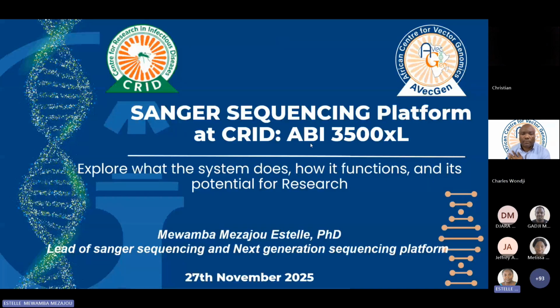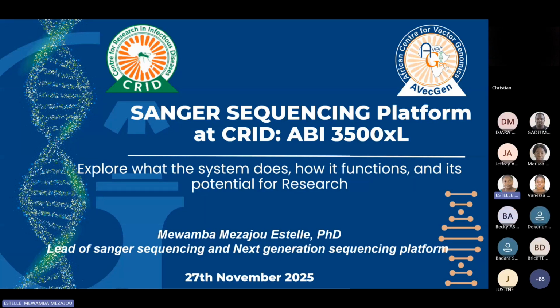Okay, thank you, Prof, for giving me the floor, as well as the opportunity to contribute to this first and exciting webinar. So this afternoon, I will be taking you through my presentation entitled Sanger Sequencing Platform at CRID, the AB3500 XL. My presentation is structured as follows.